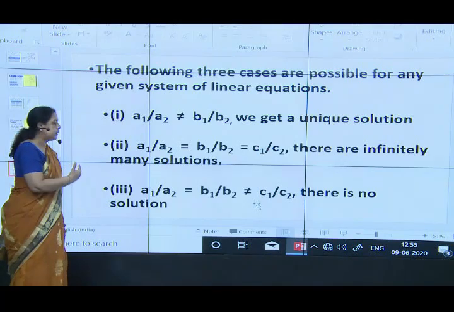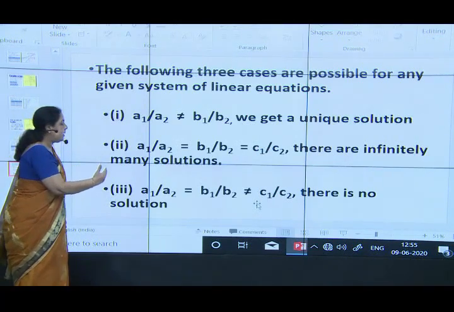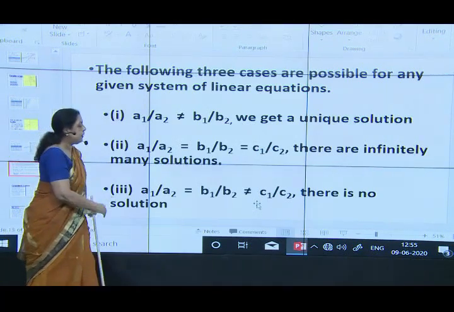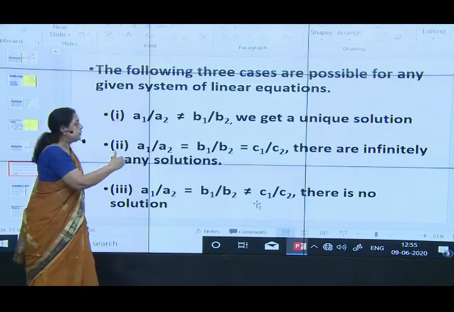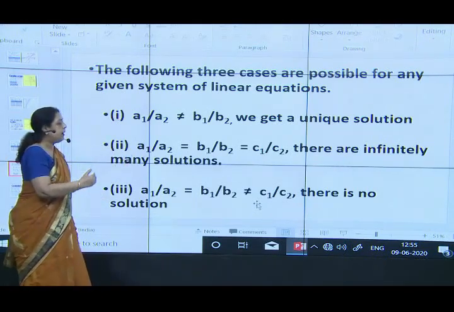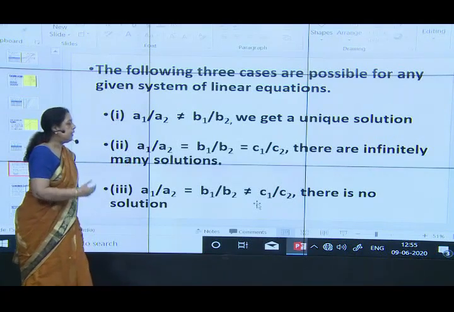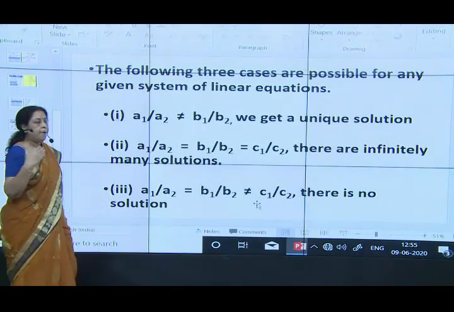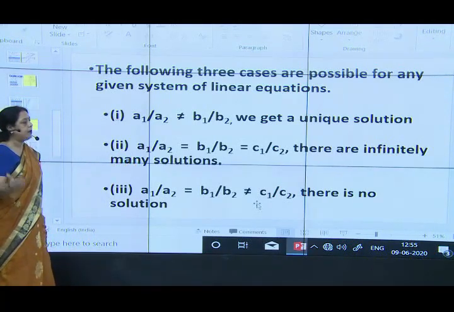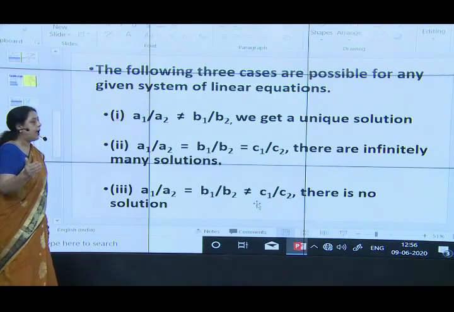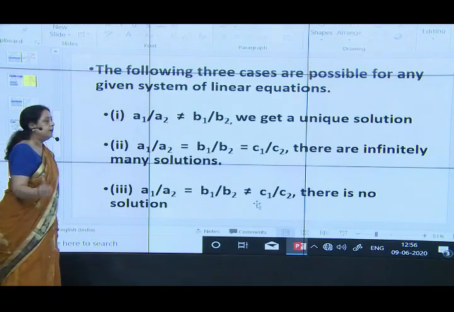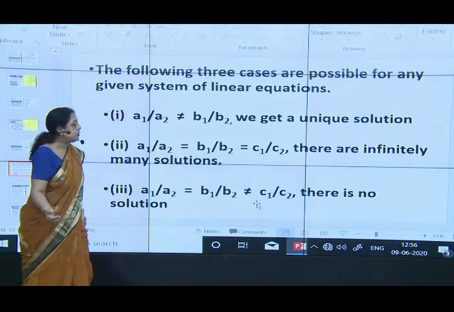And in case of a1 by a2 equal to b1 by b2 not equal to c1 by c2, we get a pair of parallel lines, and in this case there is no solution.